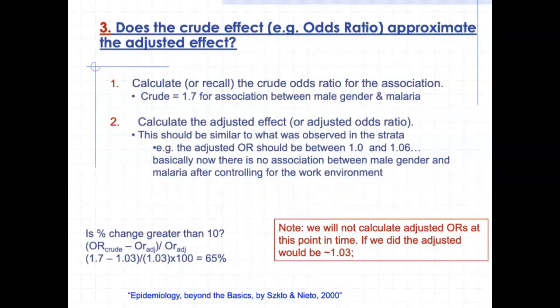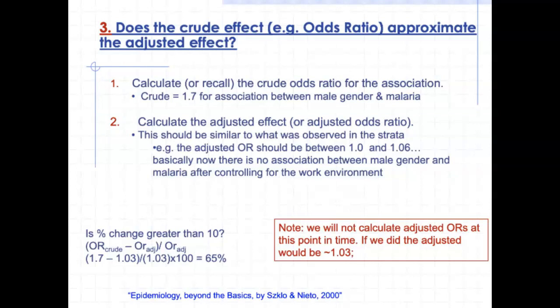So we are going to compare our crude measure of association, that 1.7, for the association between male gender and malaria, to our adjusted measure of association, which is the average of those stratum-specific numbers, 1.03.